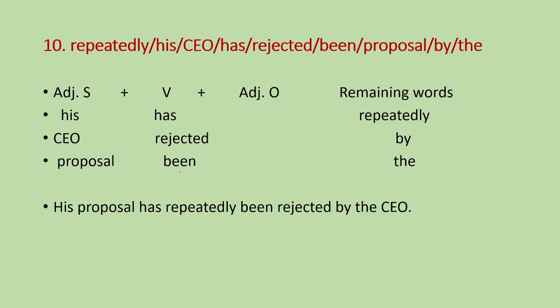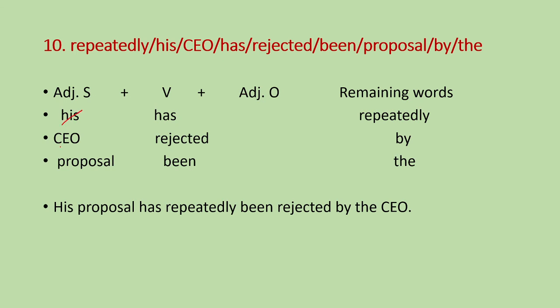But we are left with these words: been, repeatedly, and by. If it is by here, that means by CEO. So CEO has rejected is okay, but by CEO means CEO will come at the end. So we have to make his our first word. So his proposal has been rejected by the CEO. Let's see, all the words are done.